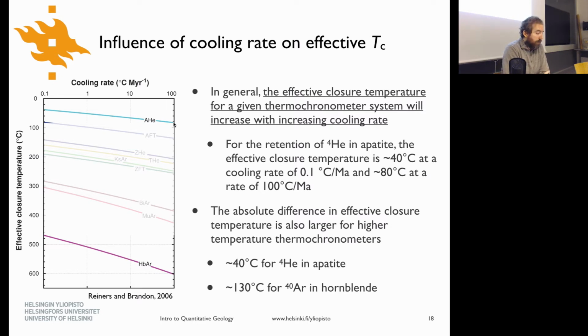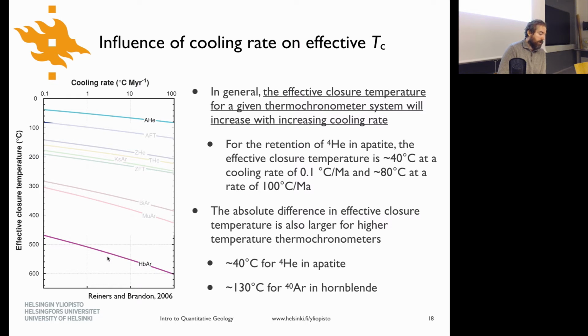So the effect can be significant. If you want to link a certain depth to where 40 degrees C is, or to where this closure temperature is, it makes a difference whether you're looking at a quickly cooled sample or one that cooled more slowly. And just to give you another example of a higher temperature system, this is argon inside hornblende.